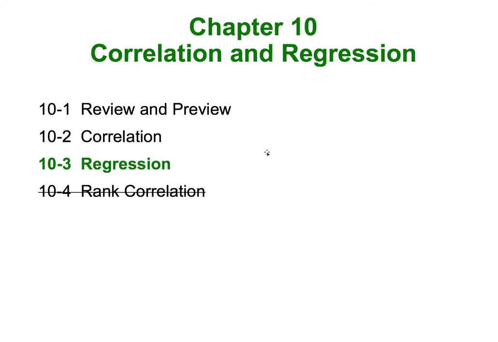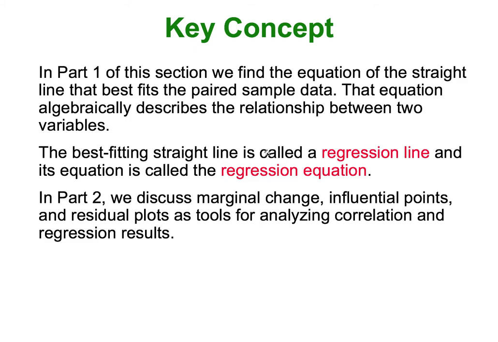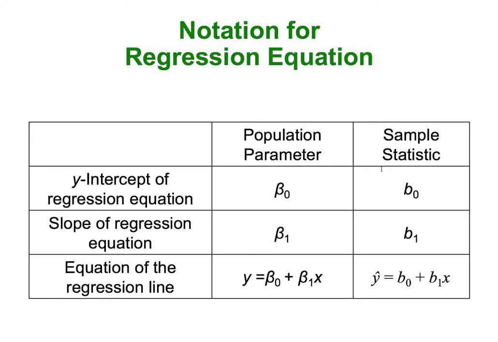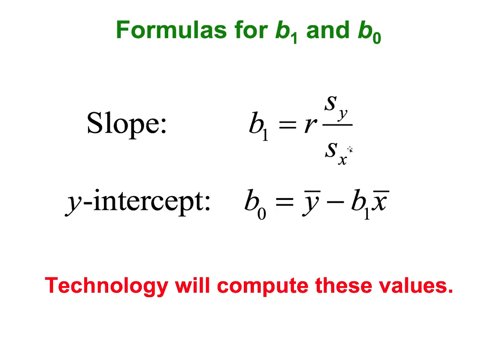Okay, now we're going to move on to regression. And if you look through these slides, there's some interesting points to be made here. This shows you the algebra that you would use to determine the slope of the linear regression equation and the y-intercept of the linear regression equation.